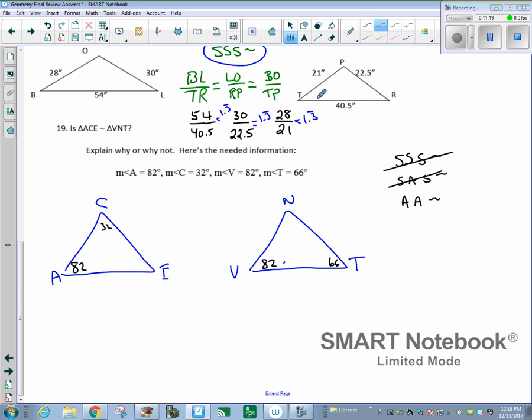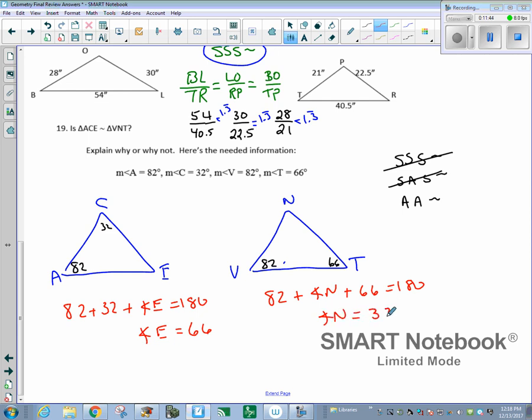But I do know that if I add up all the angles of the triangle, 82 plus 32 plus angle E has to equal 180. And the same thing over here, 82 plus angle N plus 66 has to equal 180. If I subtract and solve, angle E gives me 66, and angle N gives me 32.